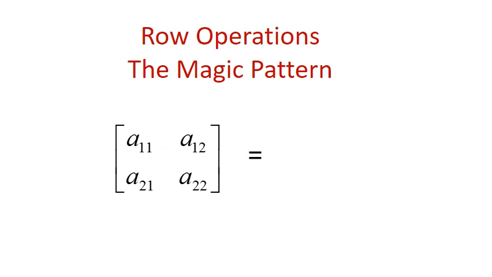We have to convert this matrix into the identity matrix, that is 1 0 0 1. How do we change these elements into the 1 0 0 1 format? There is a particular pattern we have to follow, otherwise we will be confused. If you change the numbers as you wish, later on it will be confusing. So we have to follow a particular pattern.